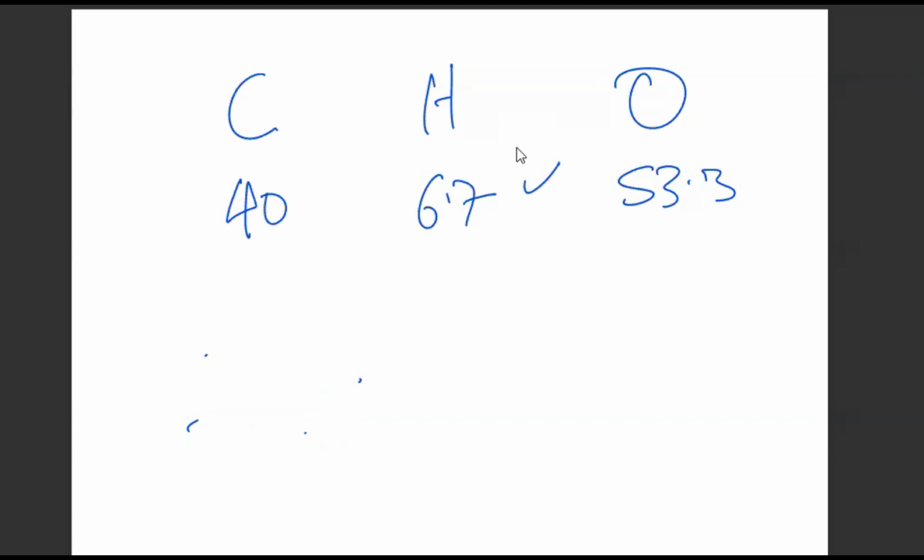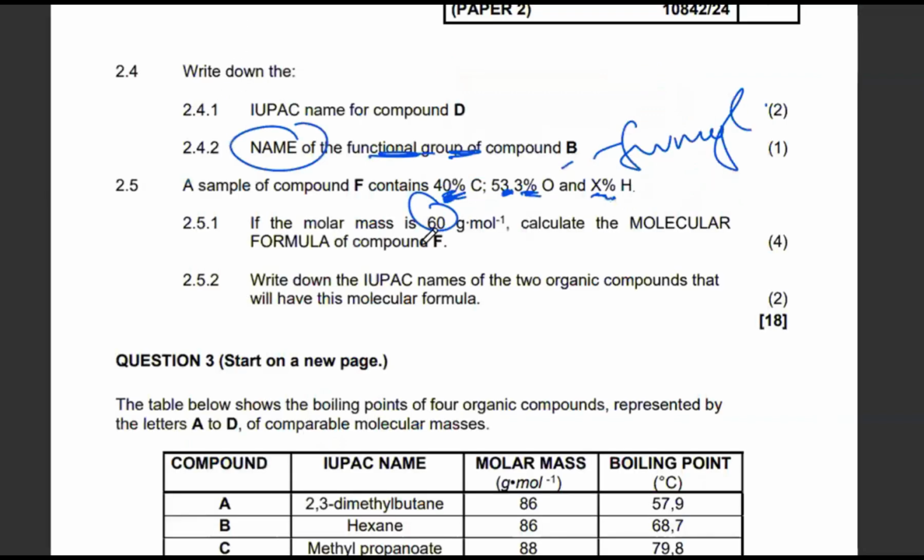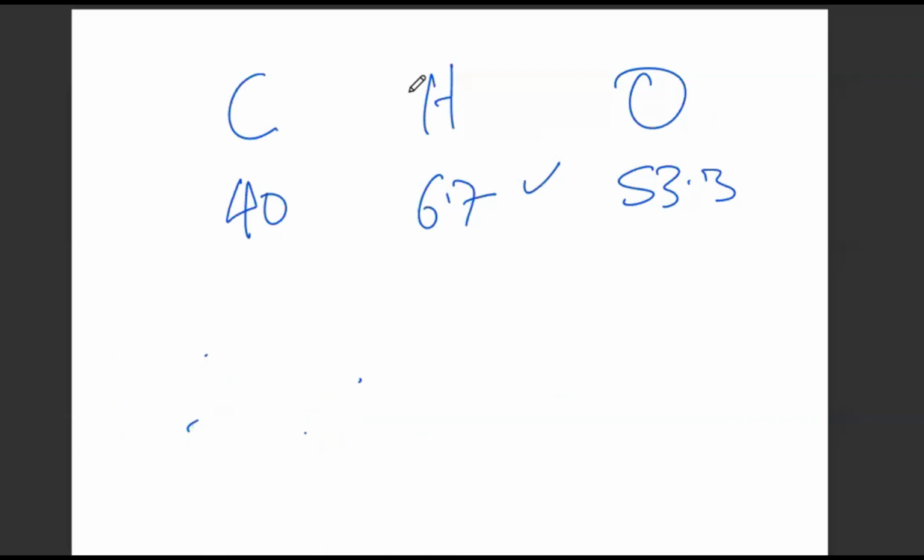Then number 2 is we have to divide. Because this is mass, you need the molar mass, which for carbon is 12, so I divide by 12. For hydrogen it is 1, and for oxygen it is 16. Mass over molar mass gives me the number of moles.